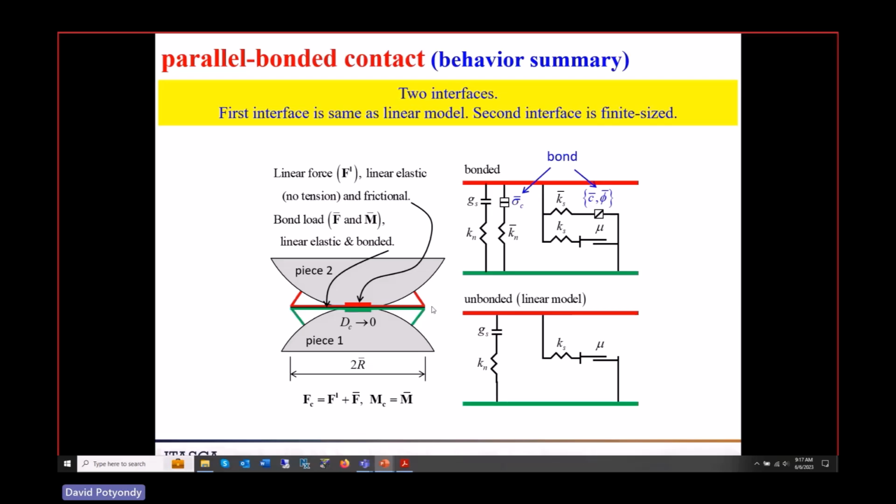There's an interface there. That's what the parallel bond behaves like. Notice if it breaks, it's just the linear model, but if it's bonded, there's an additional stiffness in the normal and shear. And there's then a tensile strength. And instead of a shear strength, there's a micro cohesion and micro friction angle.